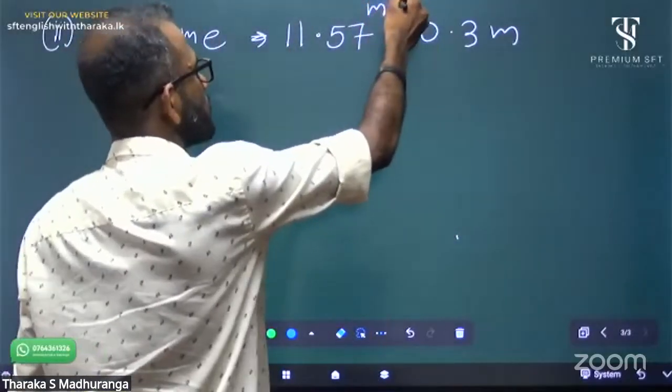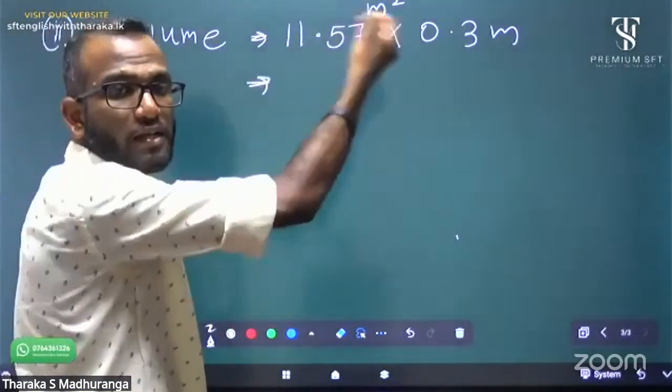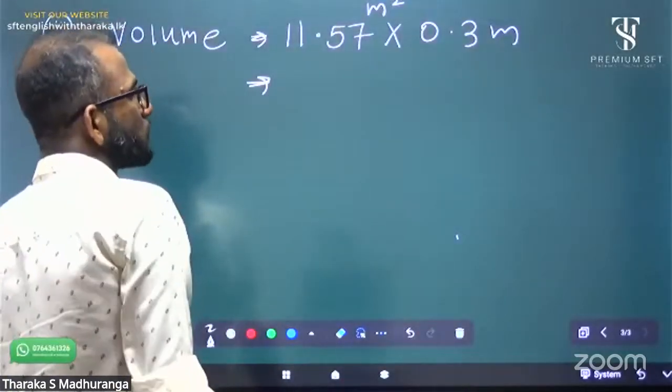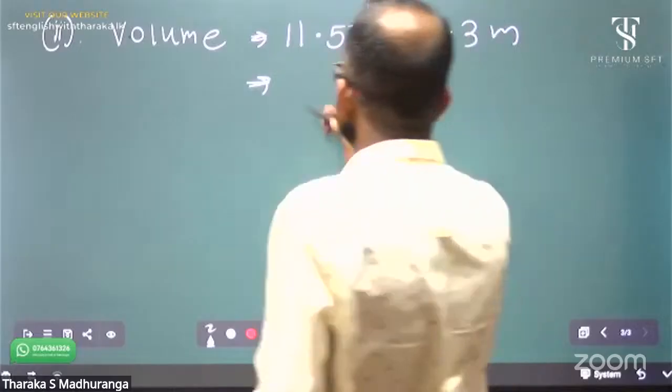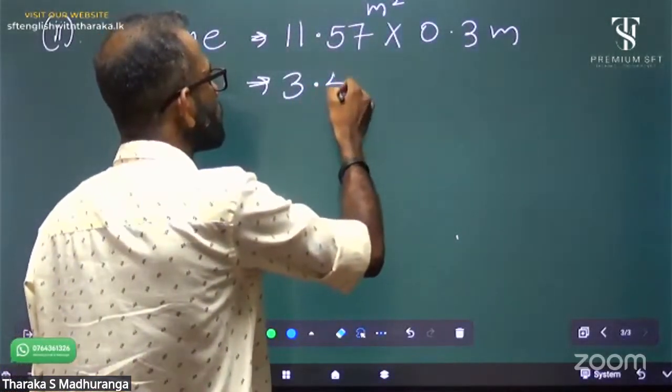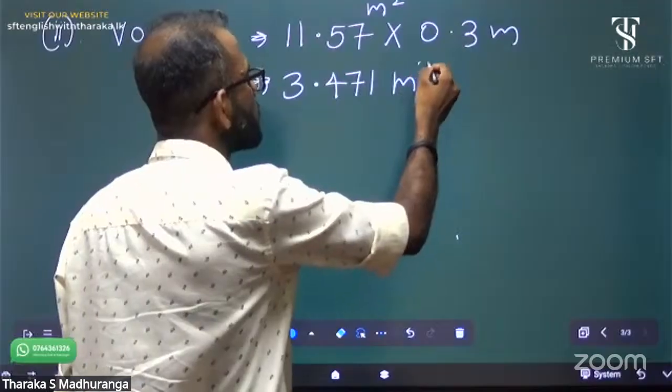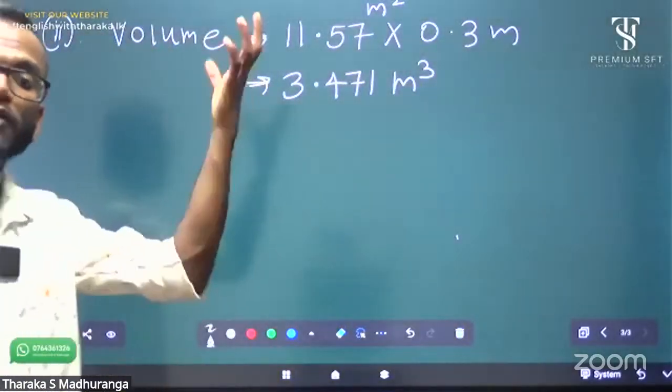It is square meter times meter, so we get the volume in cubic meter. 11.57 into 0.3 is 3.471. 3.471 cubic meter, yes, this is the volume of the door.